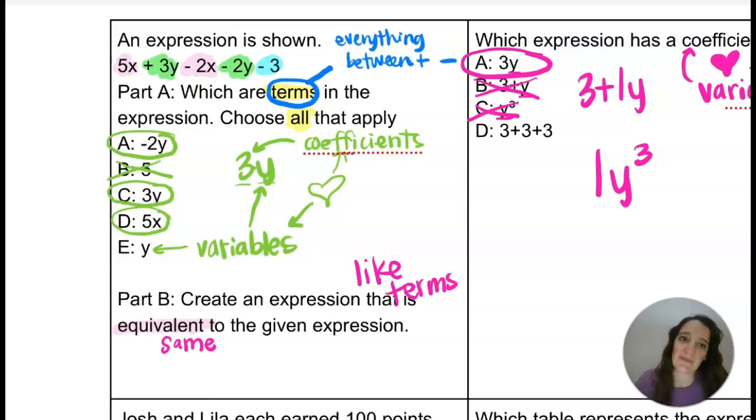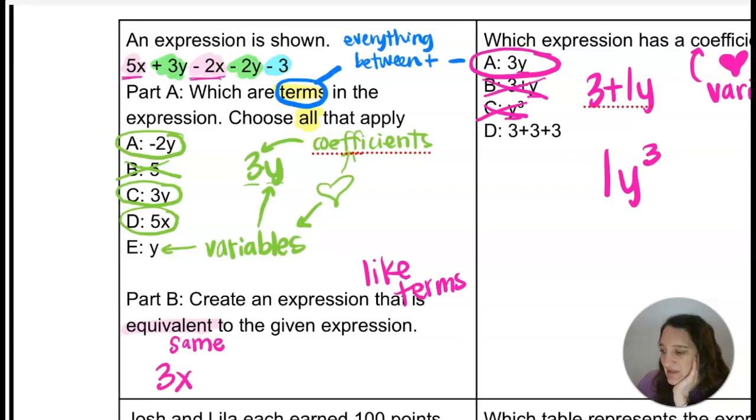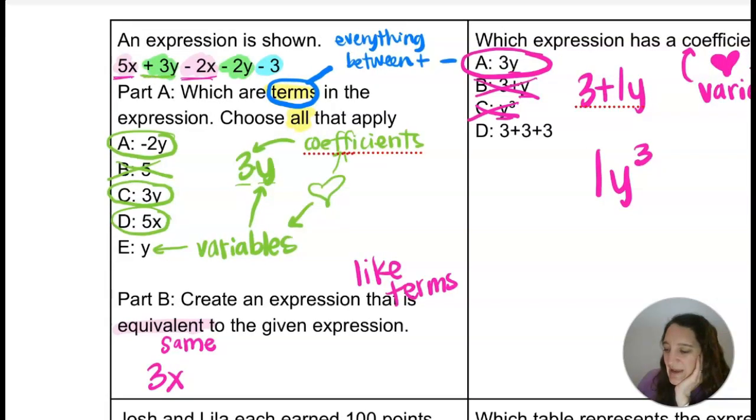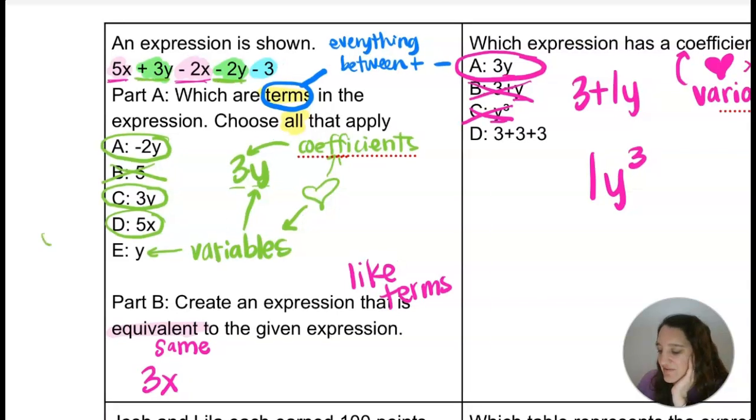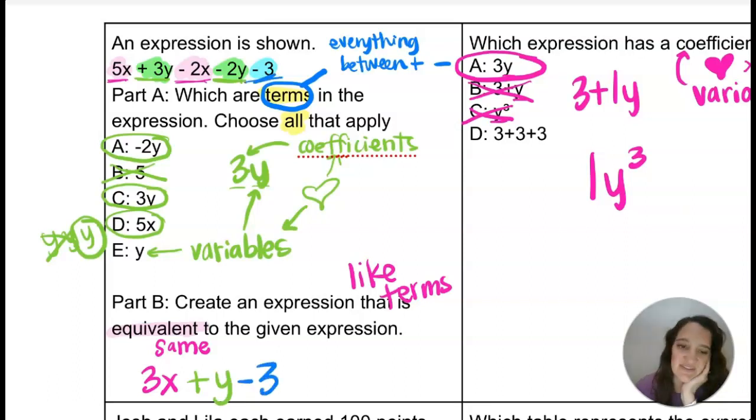They're blue and lonely. So I'm going to combine those X's. 5x minus 2x will give me a positive 3x. And then 3y minus 2y will give me, if I have 3 y's and I get rid of 2 y's, I still have a y left over. So I'm going to do a positive y, and then I have a minus 3 by its lonesome.